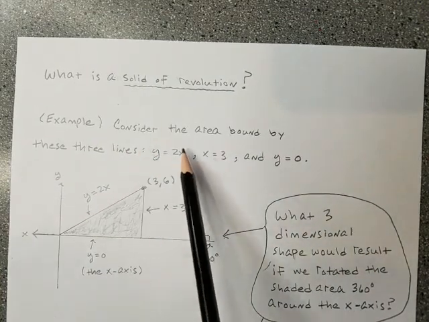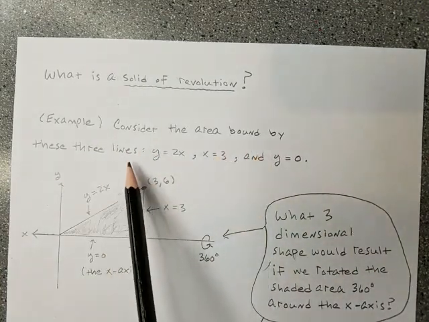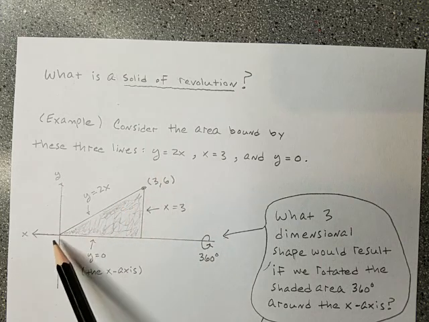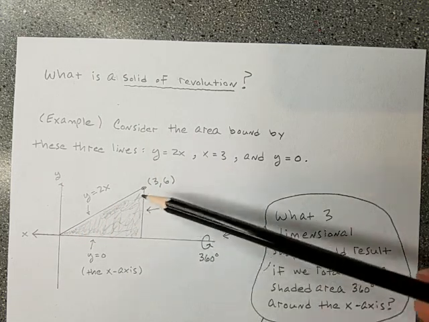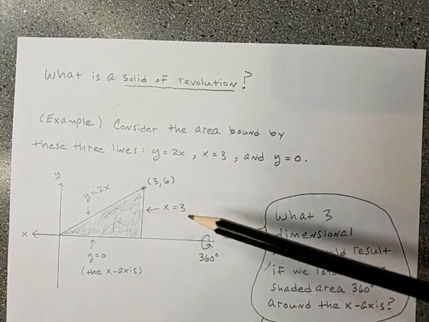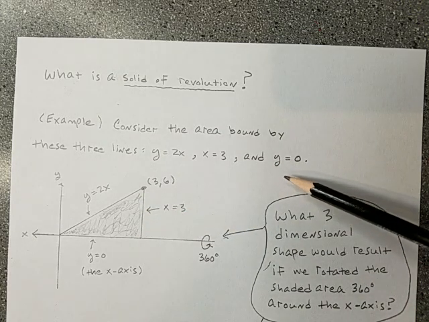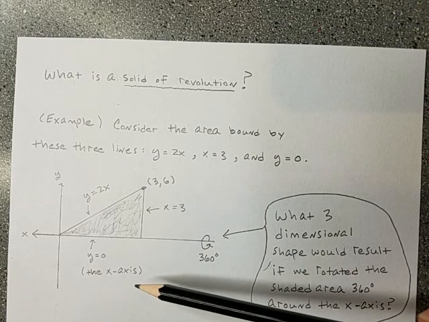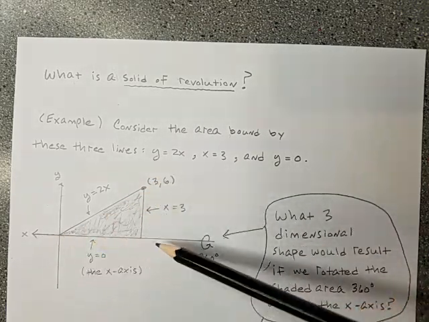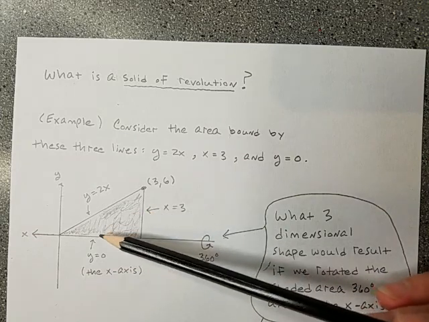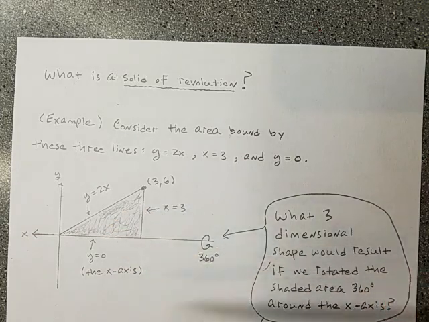It says, consider the area bound by these 3 lines. The line y is equal to 2x, which is right here. The line x is equal to 3, which is a vertical line right there. And the line y is equal to 0, which is the same thing as the x-axis. Now, if you intersected those 3 things, the space they would contain would be this triangular space right there.